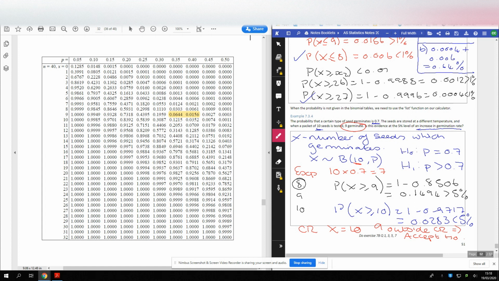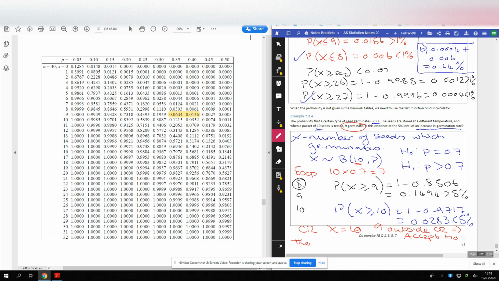You have to put a conclusion on these questions in context. I am running out of space at the bottom here, but we'll write it in anyway. Your conclusion should be something along the lines of, there is not enough evidence of an increase in the germination rate. Go back to the question: the question was, is this evidence of an increase in the germination rate? So I'm using the vocabulary that's been given in the question to structure my final sentence.